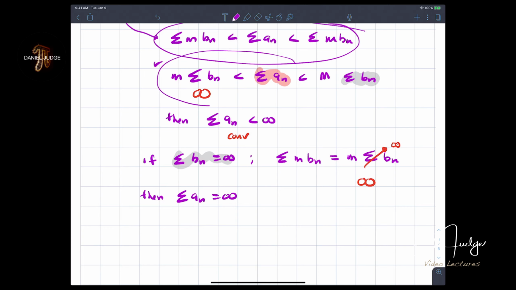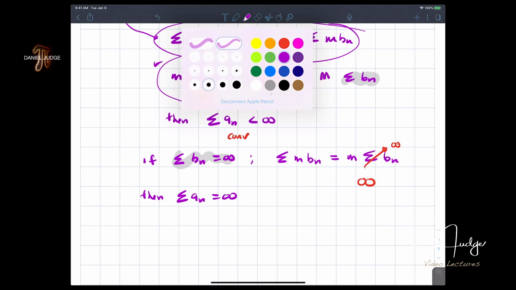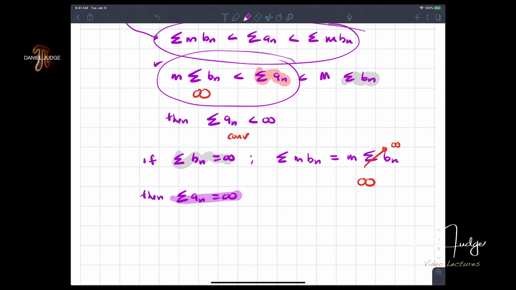And this is what you're looking at right in here. So the smaller series diverges, forces the larger series to diverge. And that is really the conclusion of the proof.